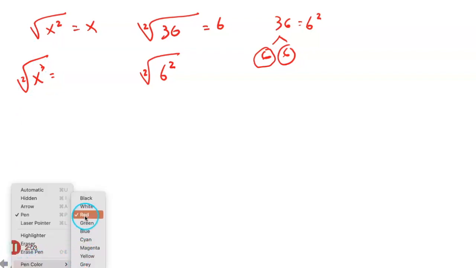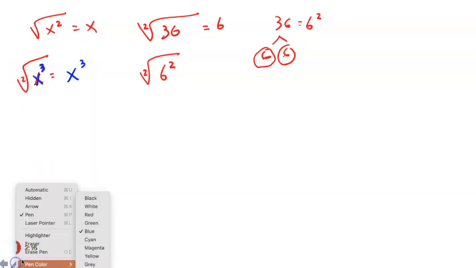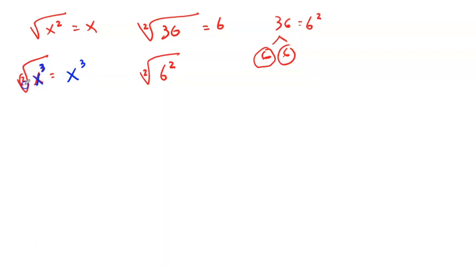So let me change the color and let me use blue for the inside. So that x cubed stays the same, and my index is going to come up dividing my exponent. So square root of x cubed is the same as x to the 3 over 2.